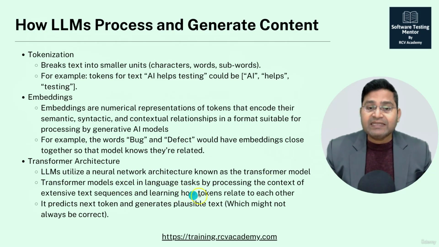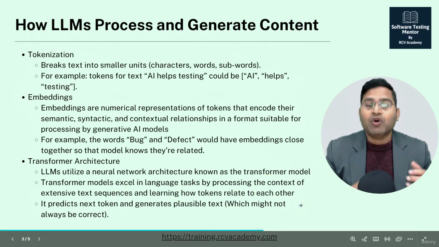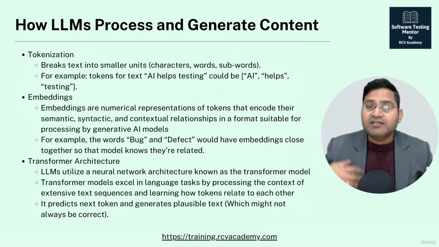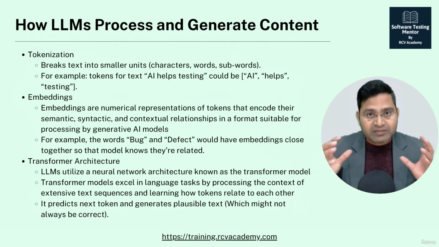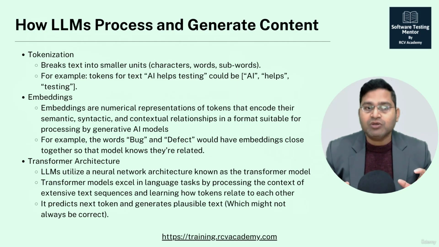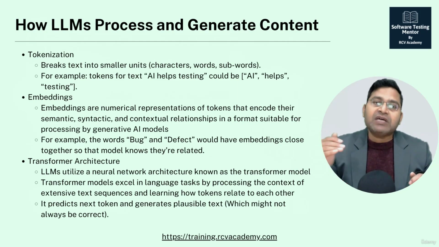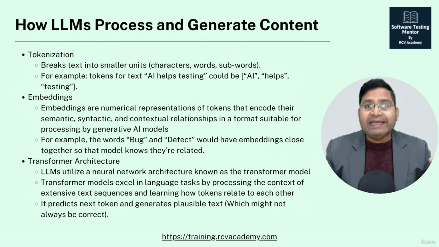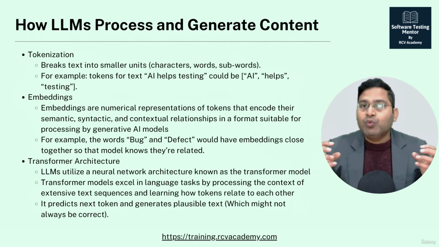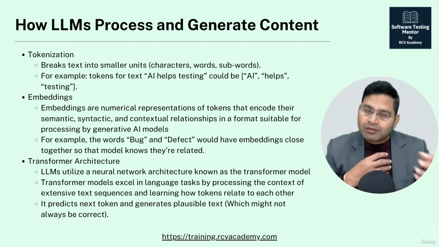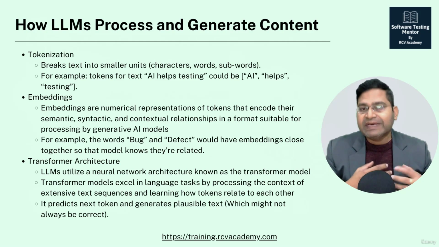The transformer model excels in language tasks by processing the context of extensive text sequences and learning how tokens relate to each other. So this transformer architecture is important because you have the tokens. Tokens are converted to numerical representation. Any logical correlation of the words will be stored close to each other. That's the embeddings.